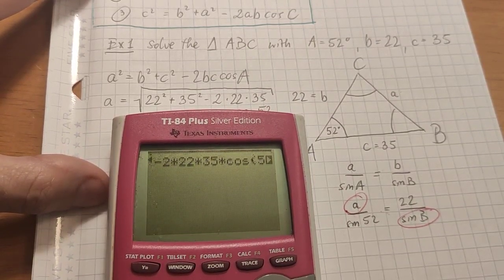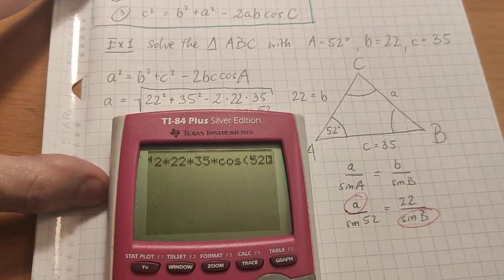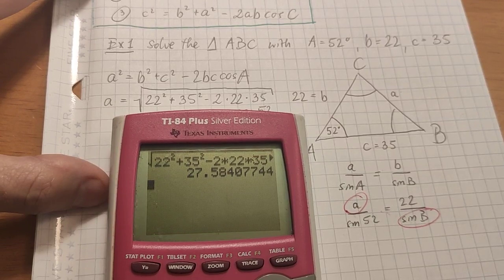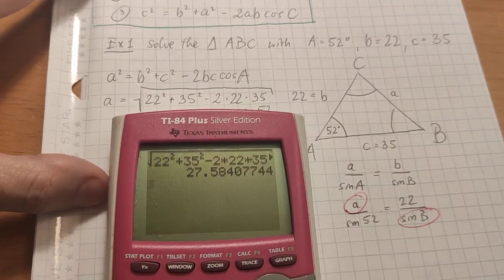You see I'm doing it in one step. You don't have to do it in one step, especially if you don't have a calculator with parentheses like this. Then I press enter and I get my number.